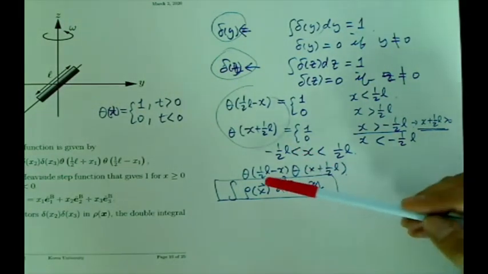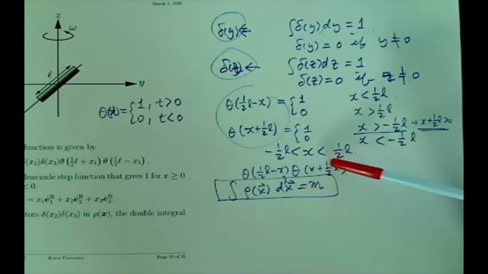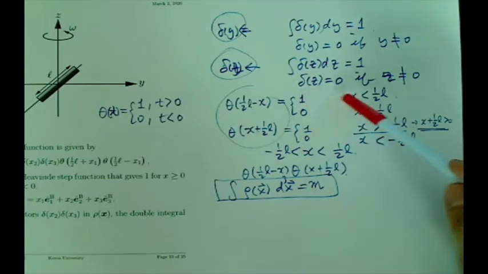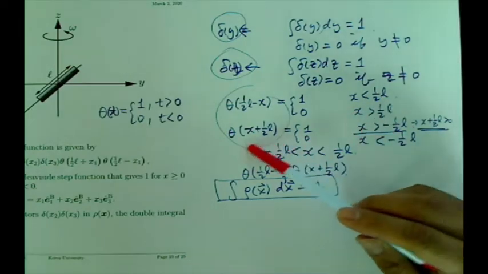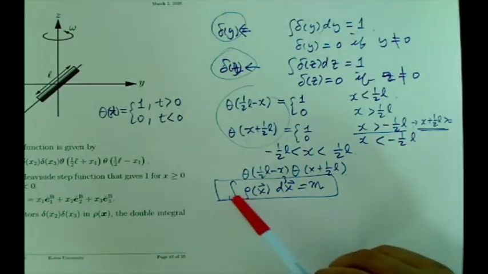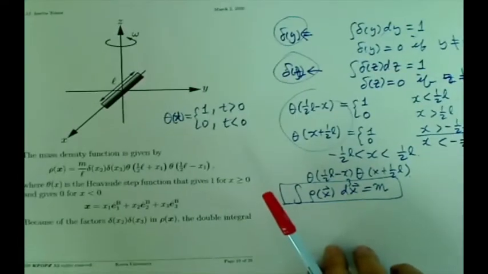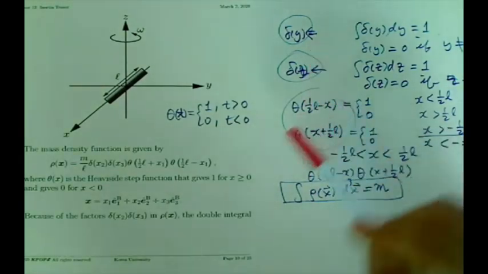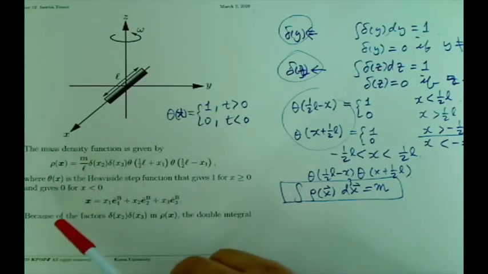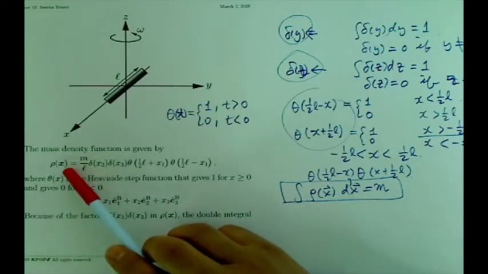So the product of these two theta functions: the first one survives only for x less than 1/2 L. The second contribution survives only when x is greater than minus 1/2 L. Alright, so we can make use of these conditions we have over m over L, then we finally obtain the mass distribution.